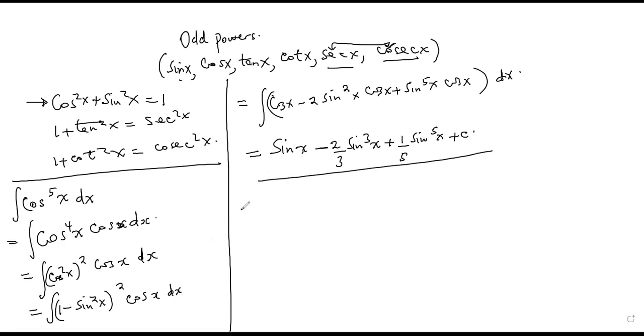That is not enough. Let's integrate cos cube of 2x dx. Cos cube is the same as cos 2x times cos squared 2x dx.